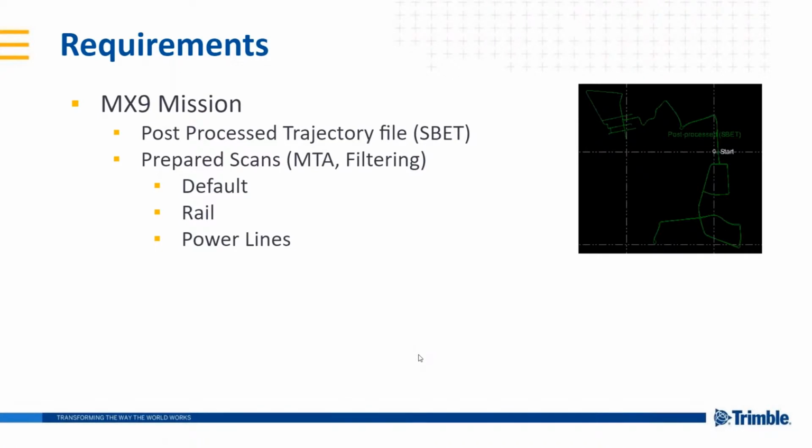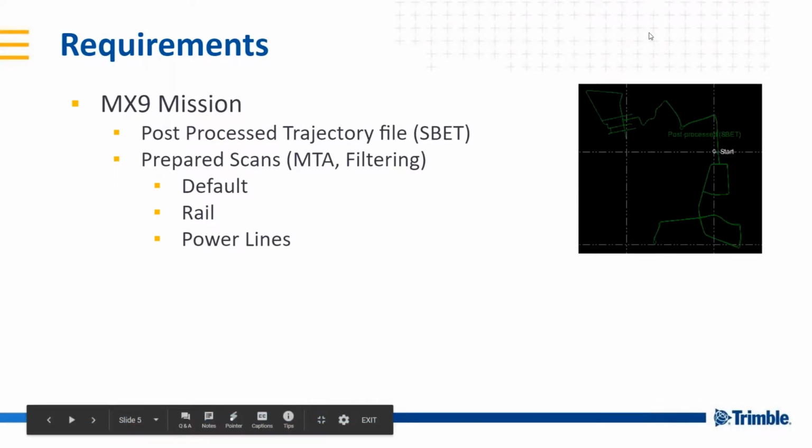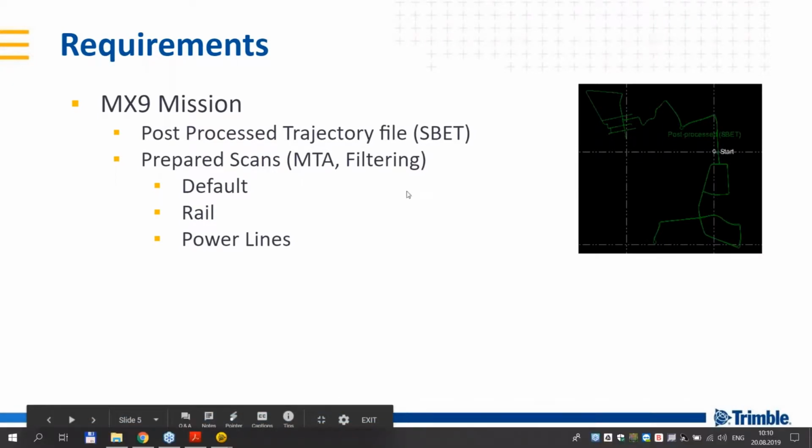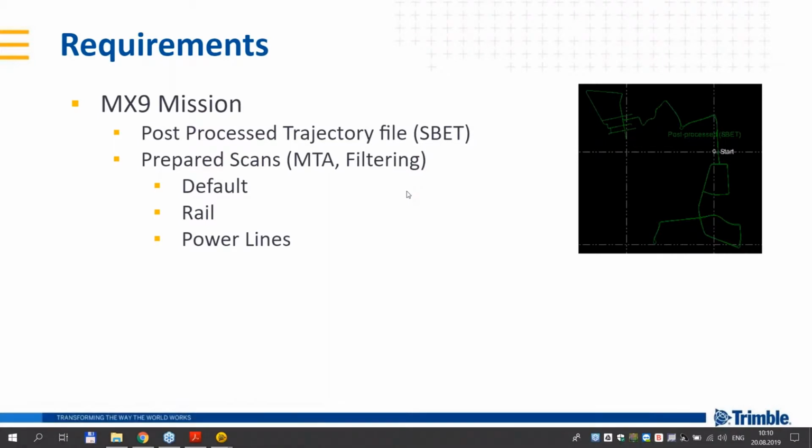And here is the first big new feature that we introduced in the current TBC release, a filtering option. The filtering option will allow you to have cleaner and nicer data to perform your measurements.